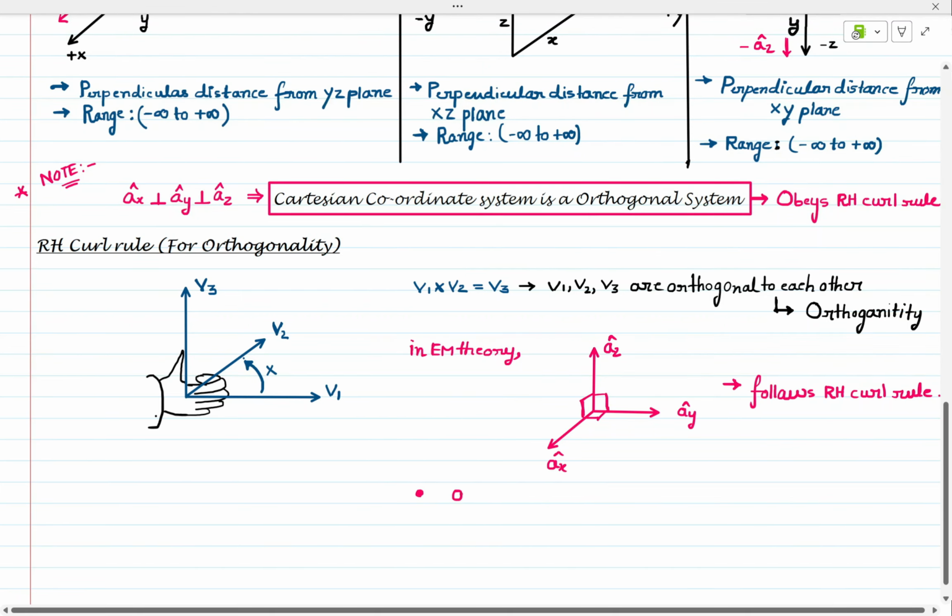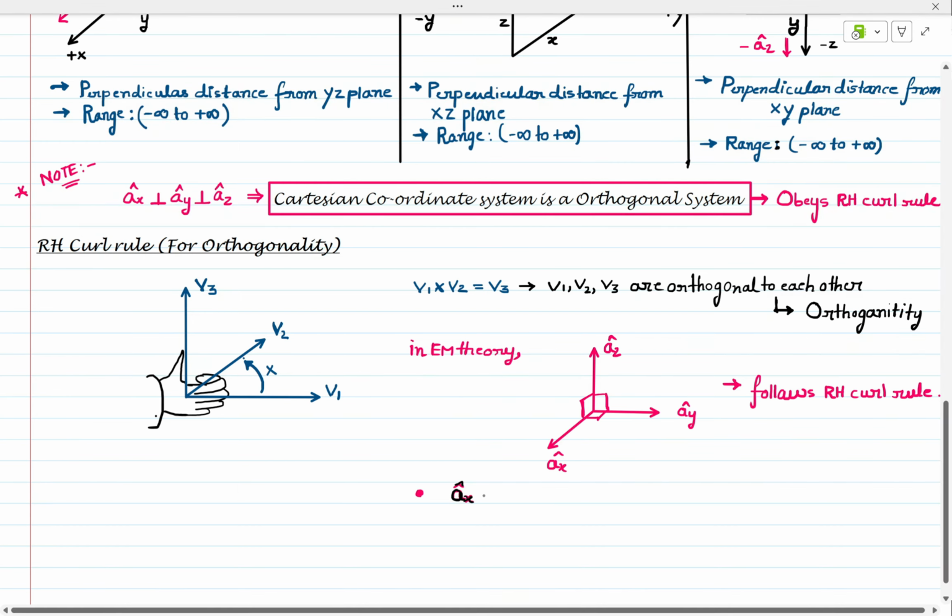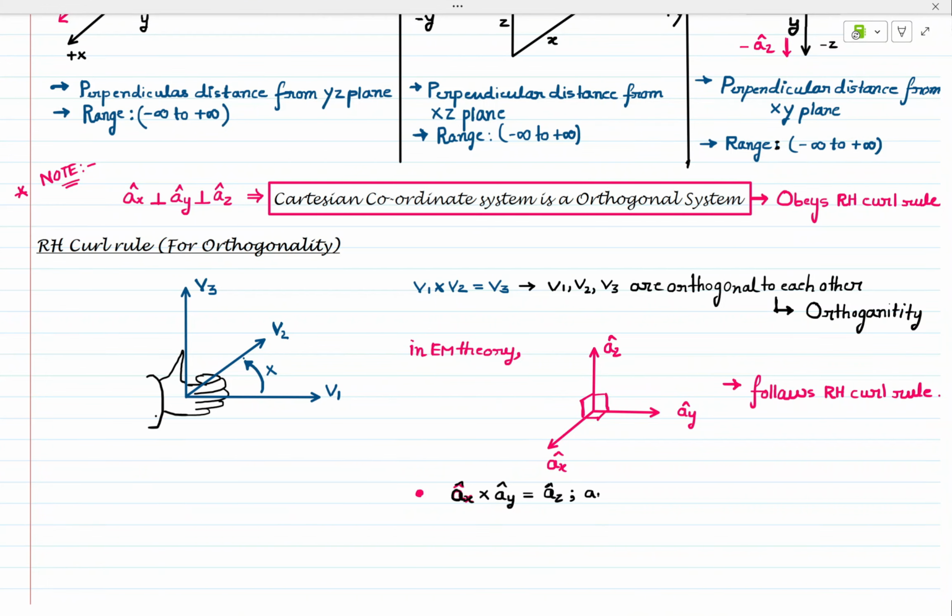So I can write, according to the RH curl rule, ax cross ay, that will be what? az. Similarly, ay cross az. Just look at this diagram and apply your right hand over here.